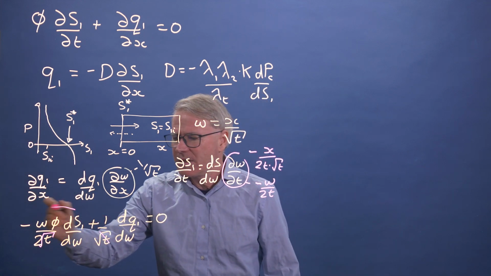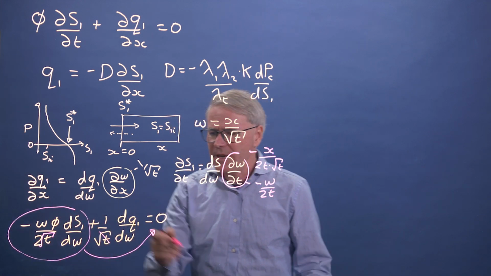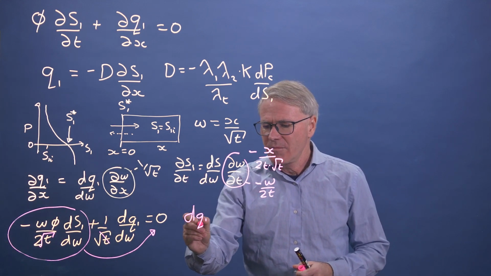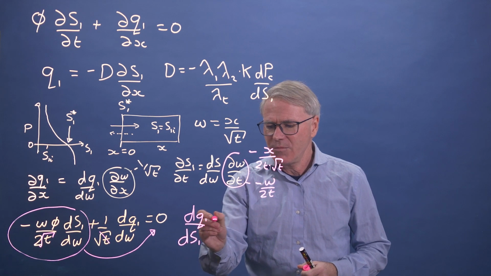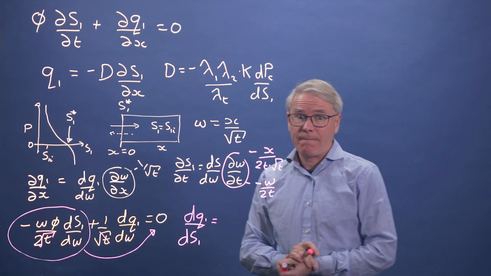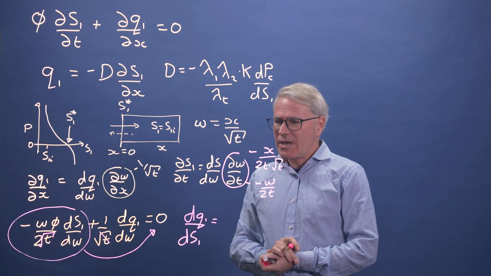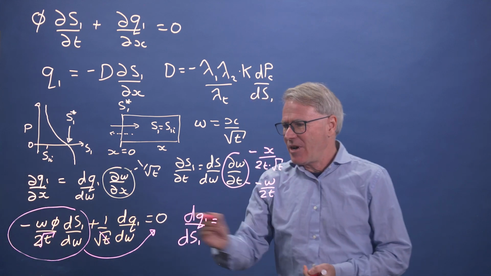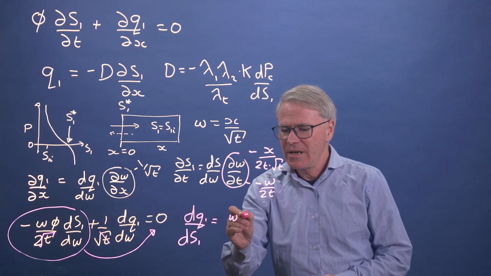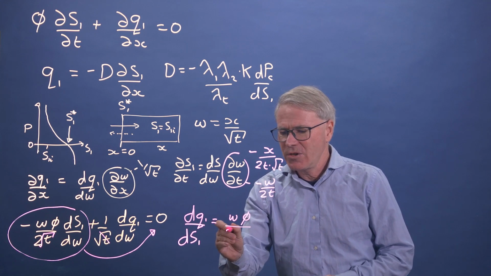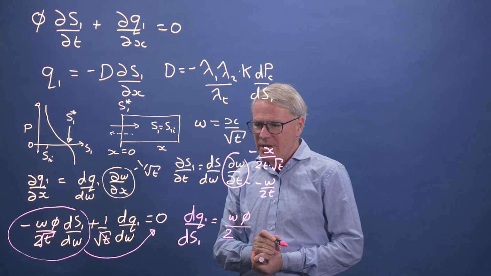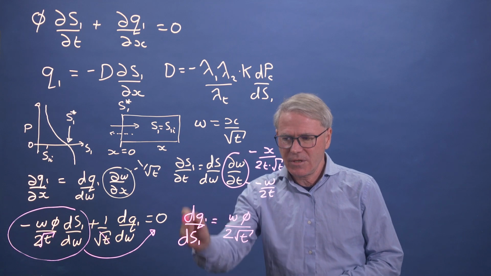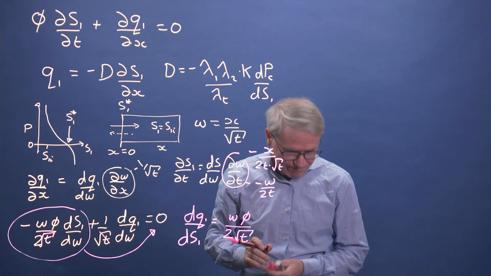And then I'm going to put this over this side of the equation. And then, in fact, I'm going to write an equation for dq by ds1, and we'll see why we do that in a moment. So dq by ds1, if we've moved this over this side, we've got an omega of phi over 2, and we've also got a root t term here. Just bear with me on that one.